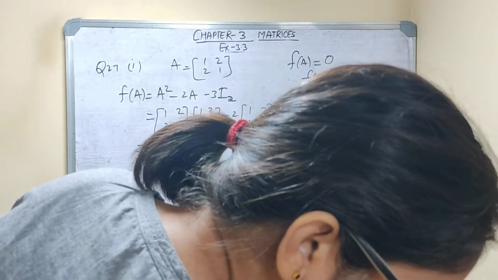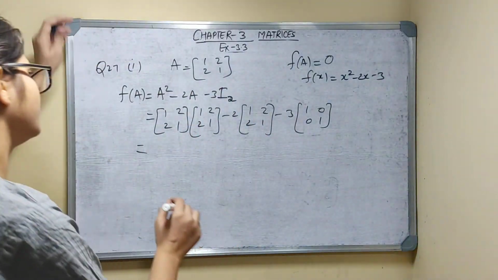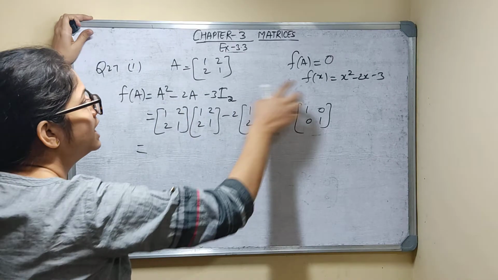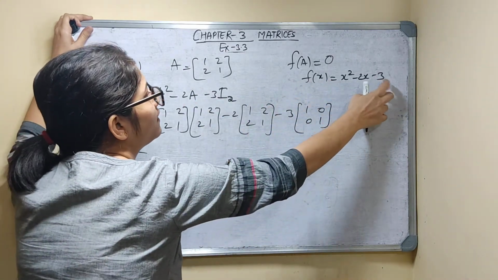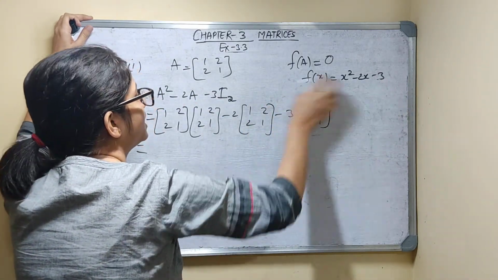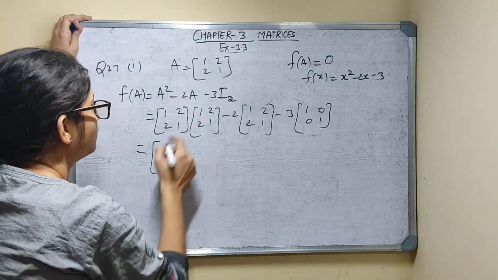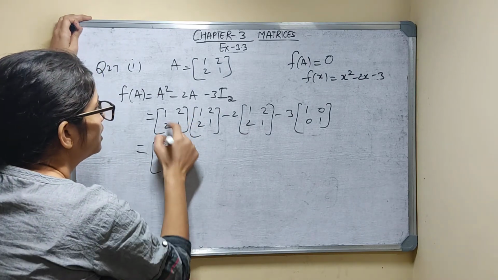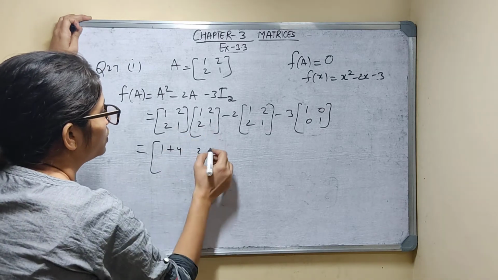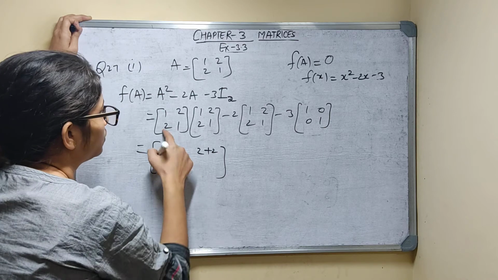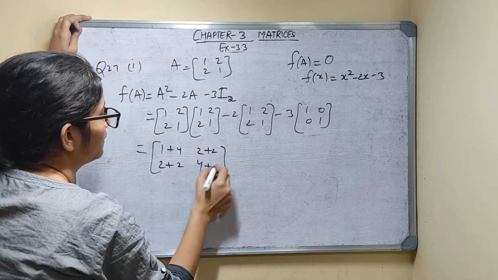Here you have to show that f of A is equal to null matrix. So f of A will be A square minus 2A, only this constant 3 is multiplied with the identity matrix. So 1 into 1 plus 2 into 2, 5; 1 into 2 plus 2 into 1, 4; 2 into 1 plus 1 into 2, 4; 2 into 2 plus 1 into 1, 5.